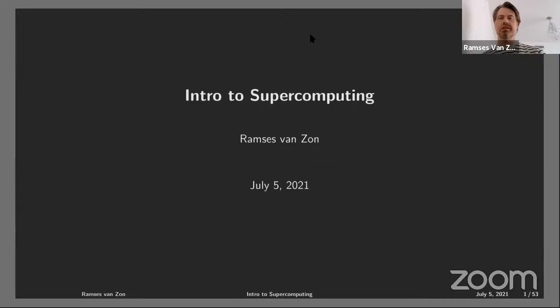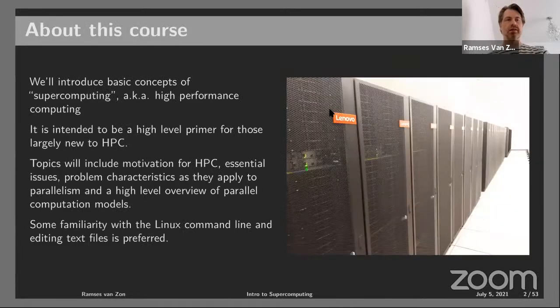That's the aim of this week, to get you familiar with these computing machines. It's intended to be a fairly high-level primer, but we will do some exercises where you have to know a little bit of Bash shell, so Linux shell. Otherwise, you can still follow along, but you might not be able to do every aspect of the assignment.